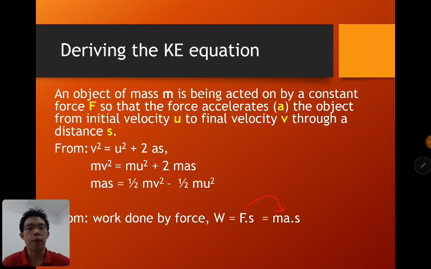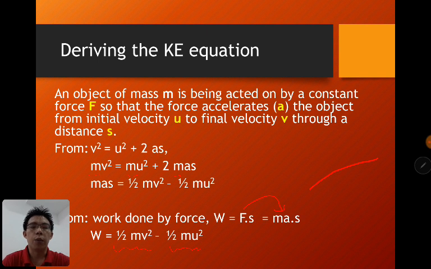So if we sub in, then we shall get that mas is force times distance, and it is work done. So we have work done equals half mv squared minus half mu squared, the final kinetic energy minus the initial kinetic energy.